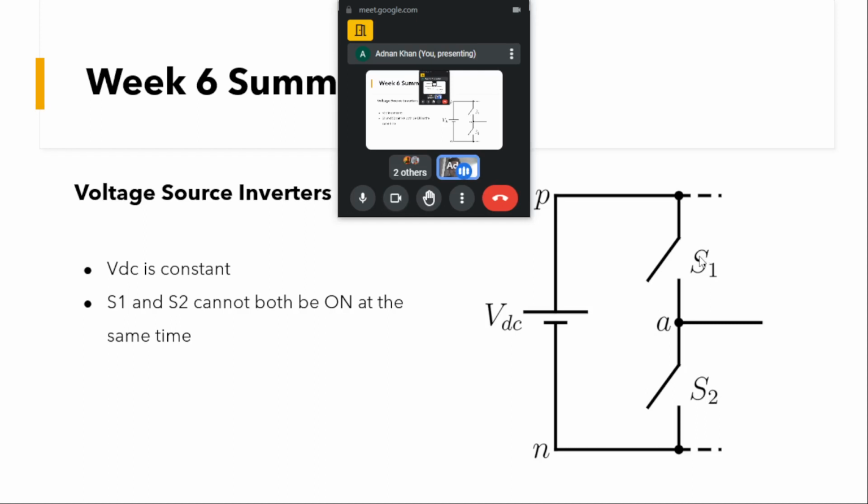If we did, we would short the DC source.